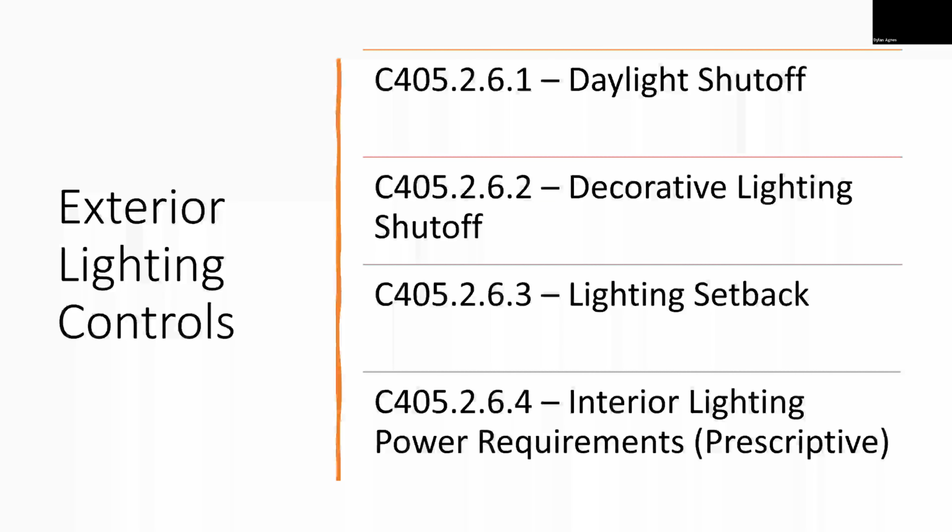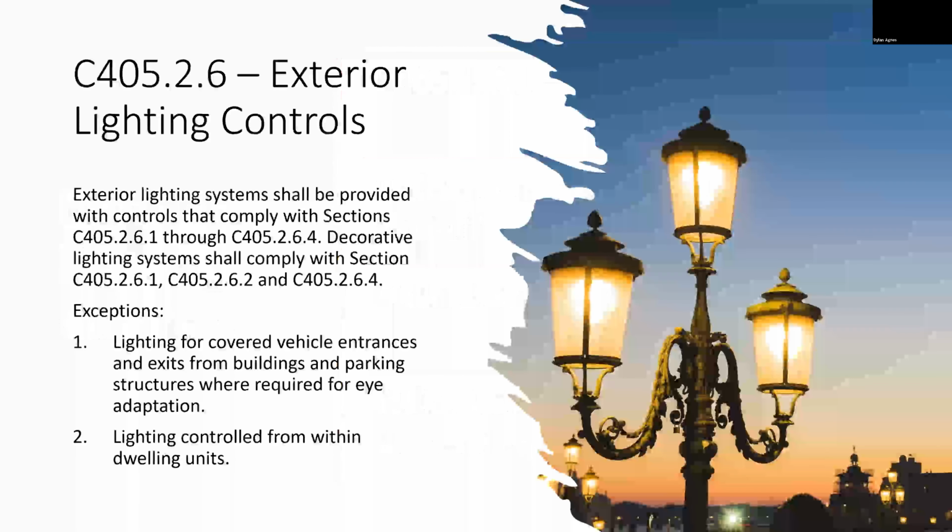Exterior is pretty straightforward. We have four sections: daylight shut off, decorative lighting shut off, lighting setback, and exterior lighting power requirements. Exterior lighting systems shall be provided with controls that comply with the sections I just talked about, and decorative lighting shall comply with its own control section that has additional subsections.